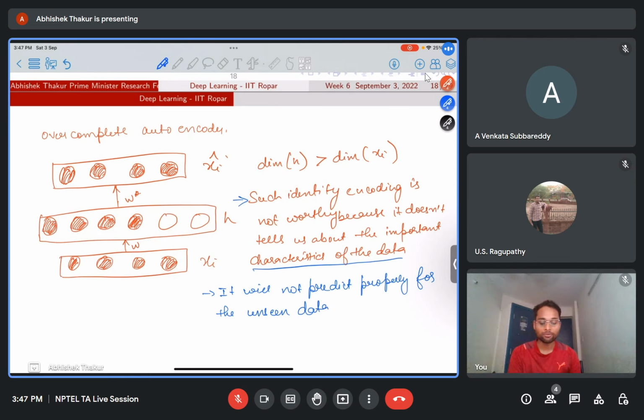It will definitely work well with the training data, since we have done the trivial encoding, in which we just kept the same value in the hidden layer and reconstructed it in the output layer.